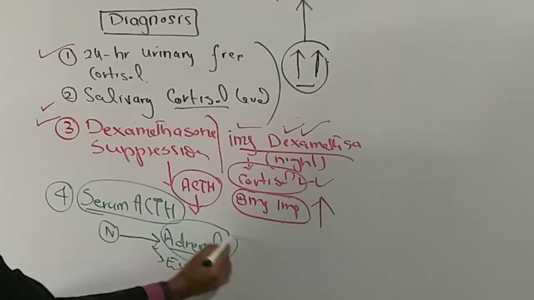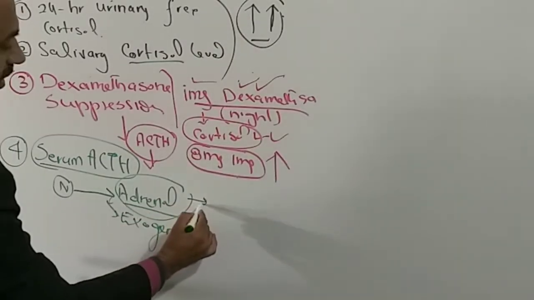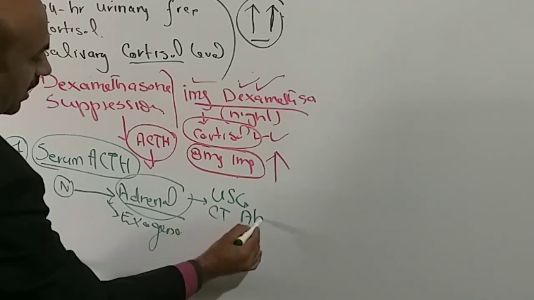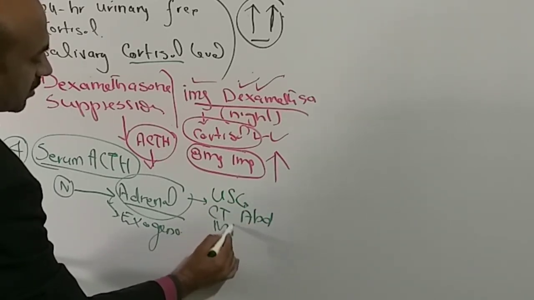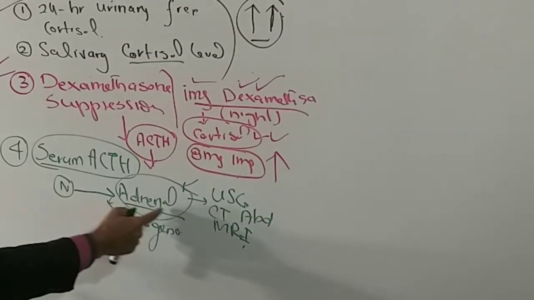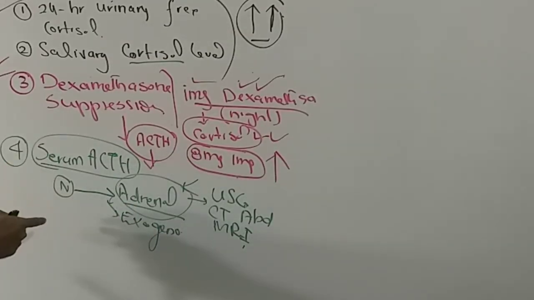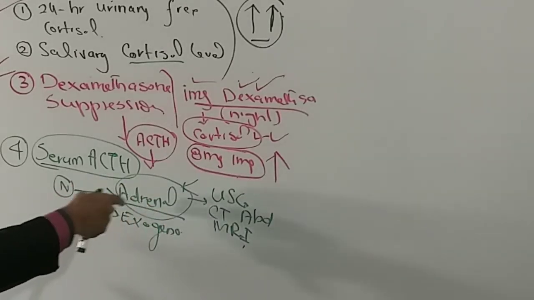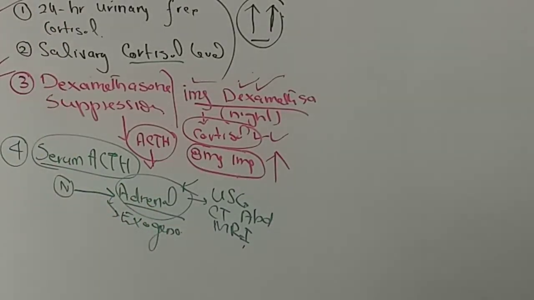For adrenal source, we will do ultrasound abdomen, CT scan abdomen or MRI to rule out the tumor of the adrenal gland. Or we are to probe the patient history once more to look for exogenous source, because ACTH came normal.